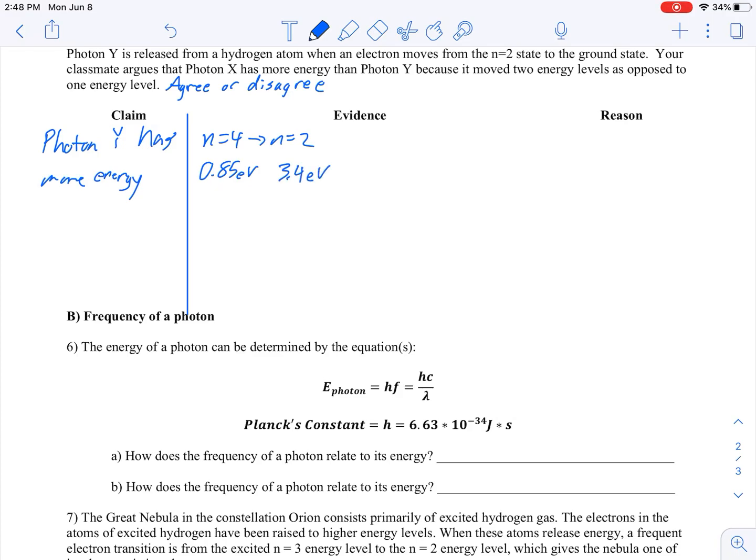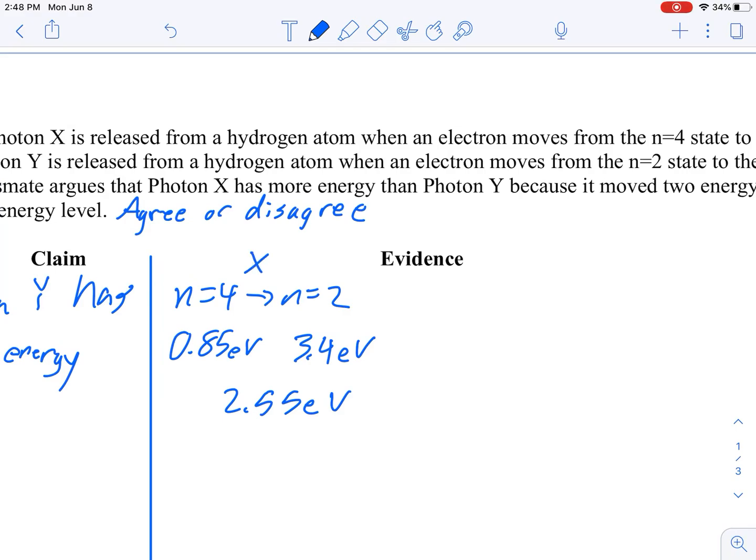So the amount of energy that photon will have is the difference between those two. Again, don't really focus on positive or negative. If you wrote them both down as negative, just subtract them, and it's really just the difference. That's 2.55 electron volts. By the way, this was photon X.